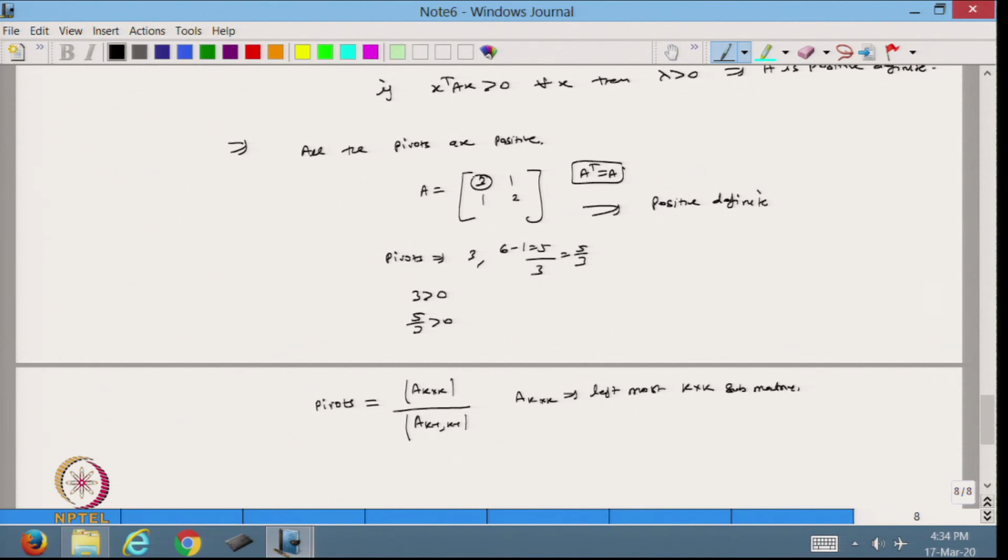Like this is a 2 cross 2 matrix and this is the previous one. So, I take the determinant of this divided by this. So, that is a pivot.